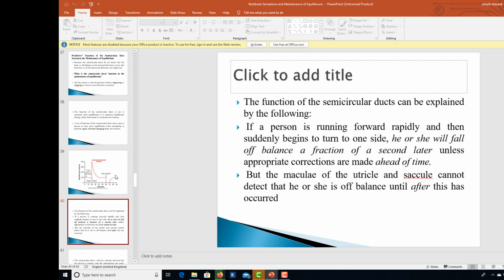That is, if a person is running forward rapidly and then suddenly begins to turn to one side, he or she will fall off balance a fraction of a second later unless appropriate corrections are made ahead of time. But the maculae of the utricle and saccule cannot detect that he or she is off balance until after this has occurred.